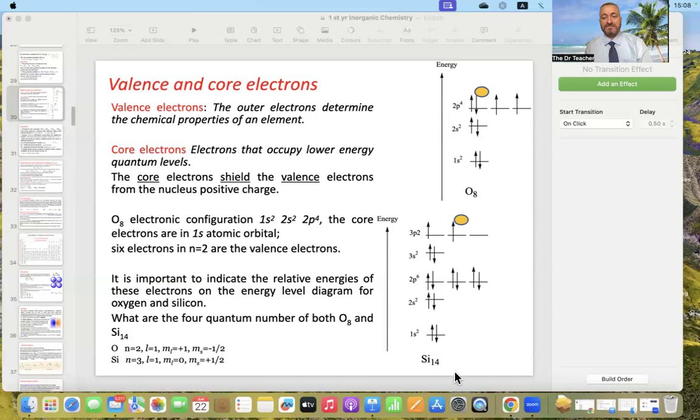For the silicon, the main shell is 3. This is the first, the principal quantum number. Now we come to the orbital. The orbital here is p. So p will take l equals 1. You remember s is 0, p is 1. So the p here is 1, and the p here is 1 as well.